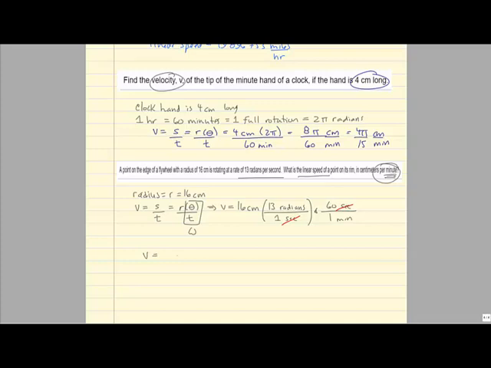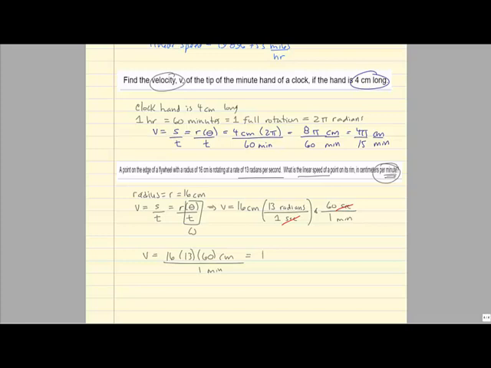So let's go ahead and write this out. I have 16, I have 13 as well. 16 times 13 times 60 centimeters per 1 minute. So if I multiply this, 16 times 13 times 60, I have 12,480.